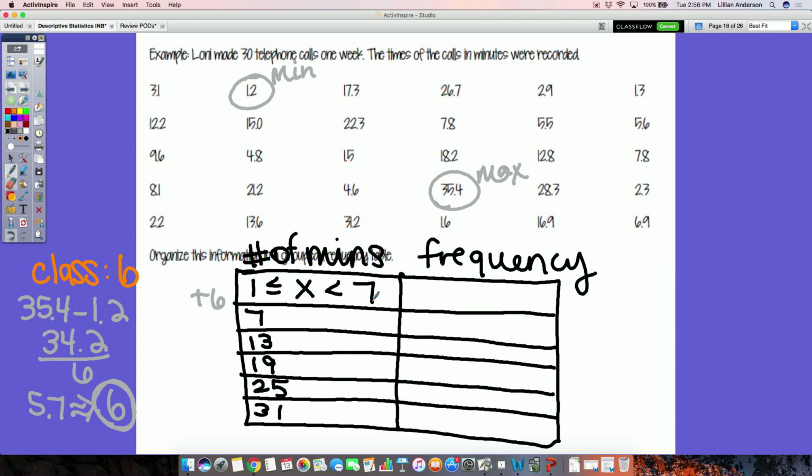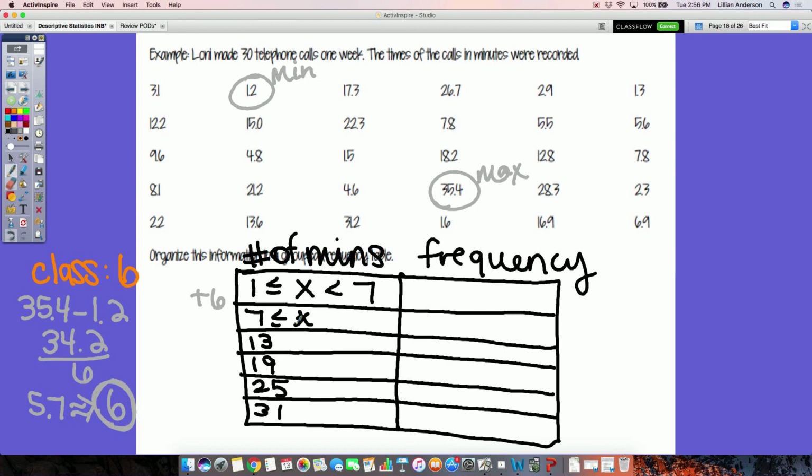So anything that's 1, 2, 3, 4, 5, 6, 6.1, 6.2, 6.3, all the way up to 6.9 is included in that first class. Did you put 1 to 6.9? No, I put to 7. So just in case there was a call that was like a 6.95, it's still included in that first class.